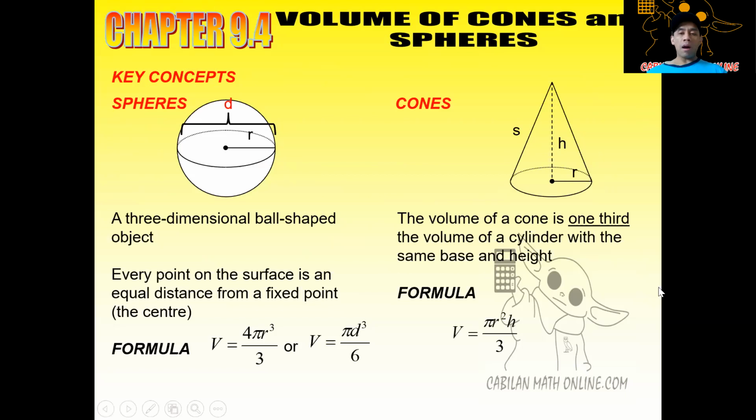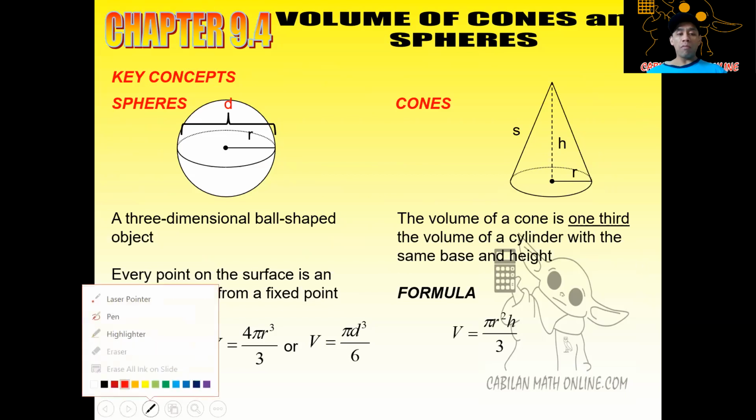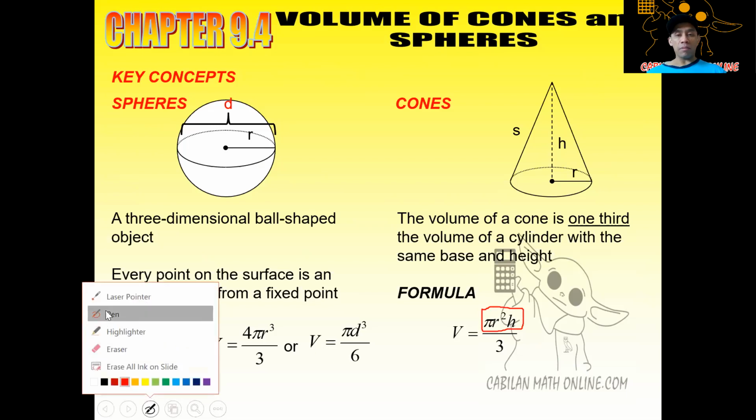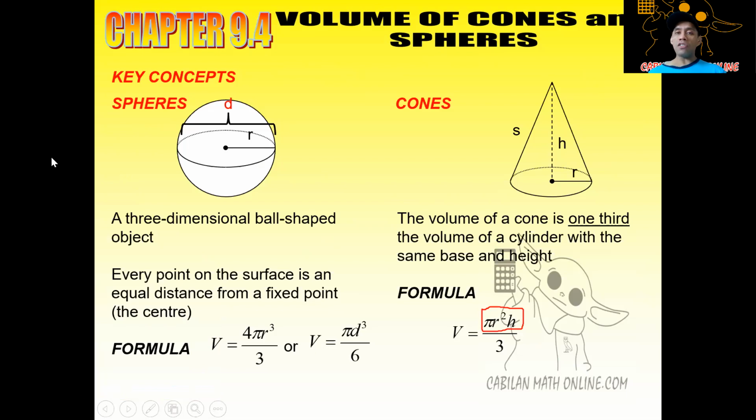Remember that back when we were dealing with the volume of a cylinder, pi r squared h is the formula for the volume of a cylinder, and all a cone is, is a third of the volume of a cylinder. So that's just another way to understand what the formula for the volume of a cone is.